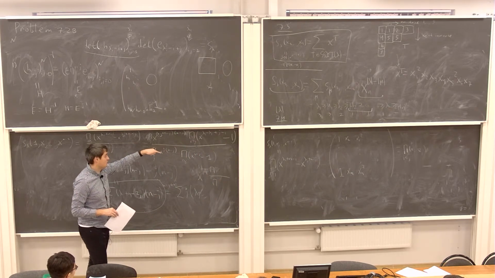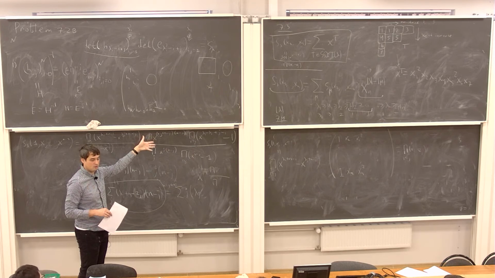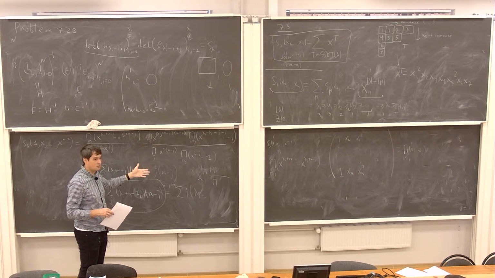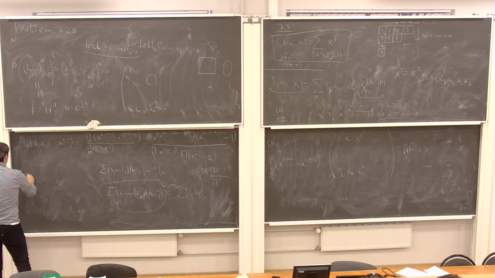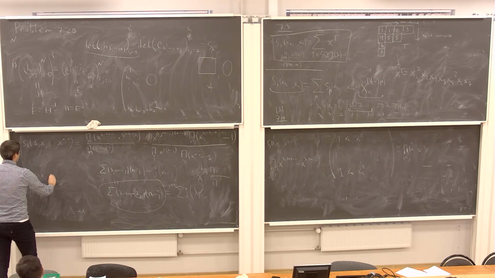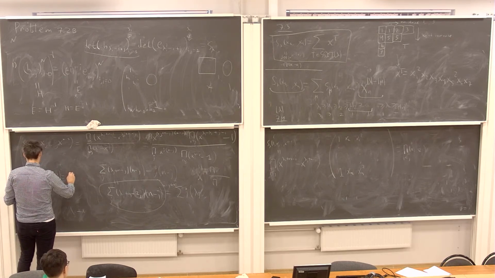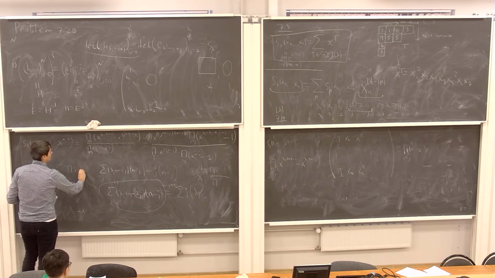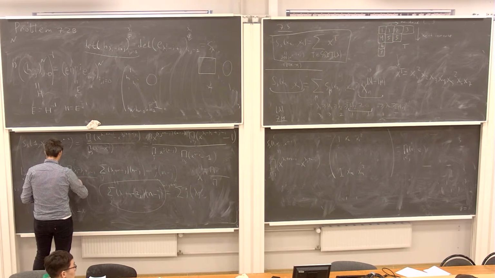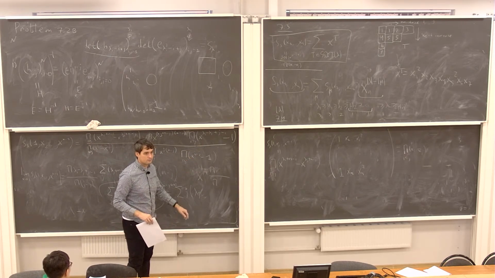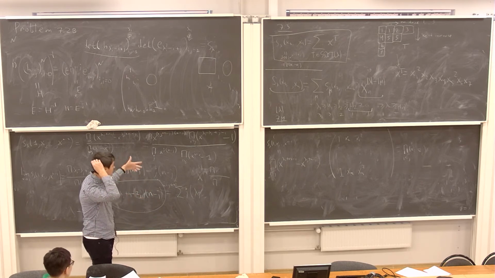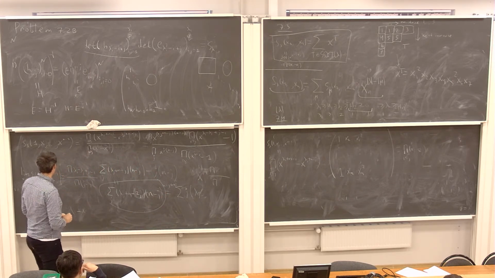You cannot substitute x equal to 1 because you get 0 over 0, but you can compute the limit. The limit when x goes to 1 of s lambda of x1 through xn is exactly the number written here, the product of lambda i minus lambda j plus j minus i over the product of j minus i. It doesn't matter. So you get this.